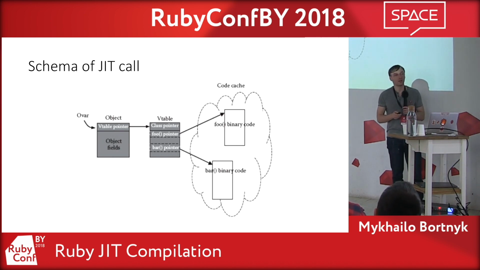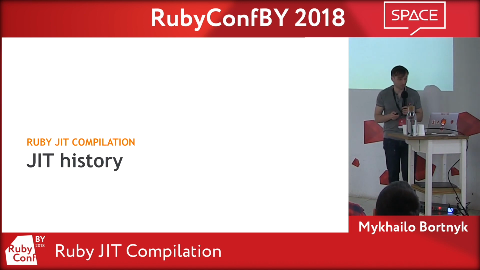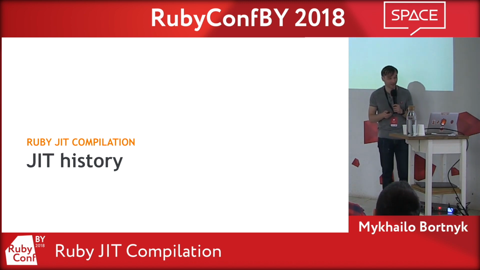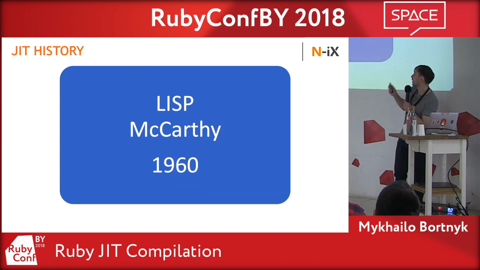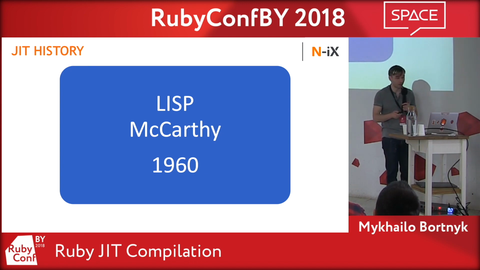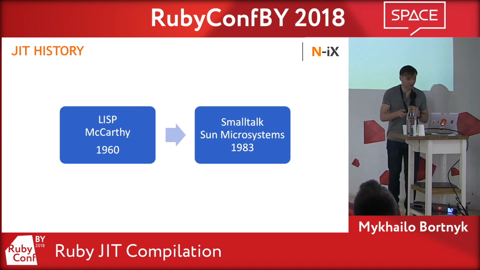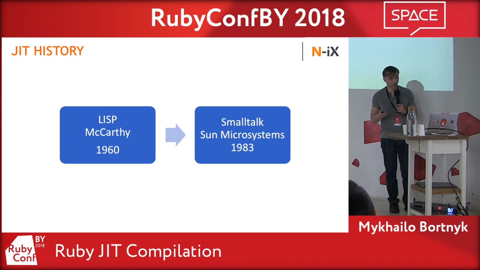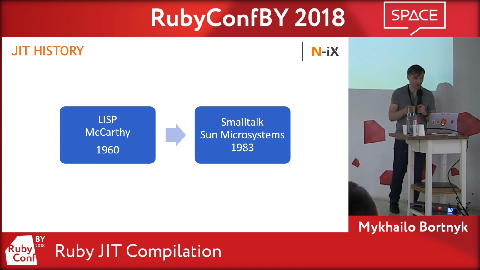And currently I want to tell a bit about JIT history, because it's a very extensive thing, and JIT itself as a technology is like 35 years older than Ruby itself. Firstly, it appeared in Lisp, introduced by McCarthy in 1960. After that, it appeared in Smalltalk, made by Sun Microsystems in 1983.